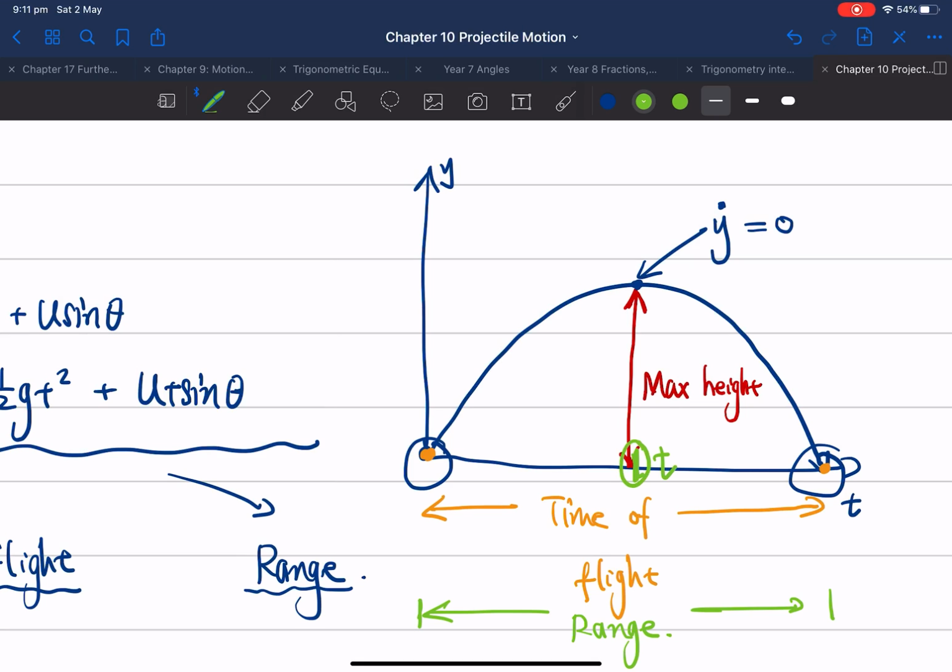If I already know the time it takes to reach this point, and it's a symmetrical diagram, can we just simply multiply the time by 2? Because it's a symmetrical diagram, the maximum height happens when t equals the midpoint between the 0 time and the time it takes to reach the ground again. So we just simply multiply by 2.